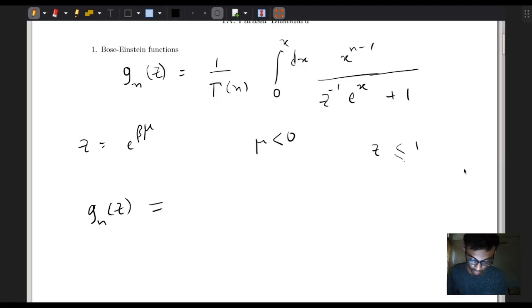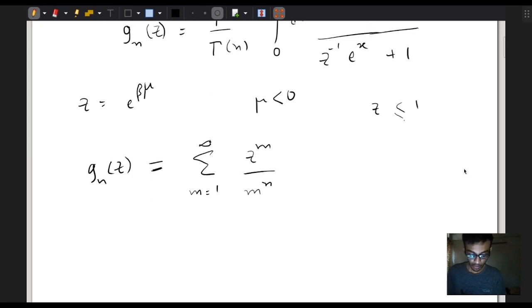So we will see that this integral will become this series. This parameter n appears here in the summation. So let's look at a few cases.